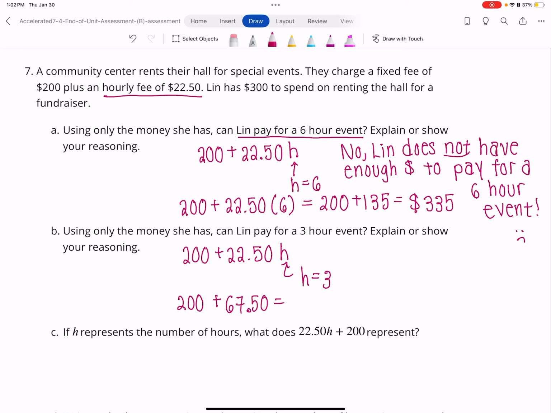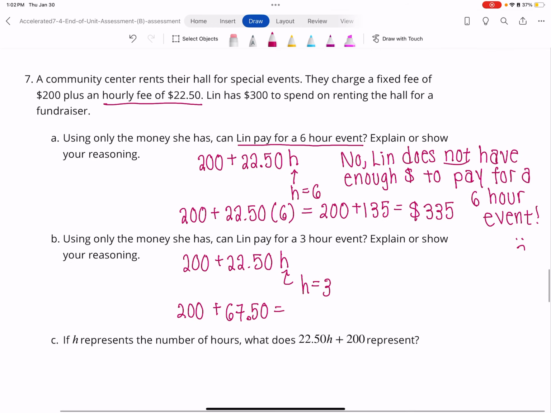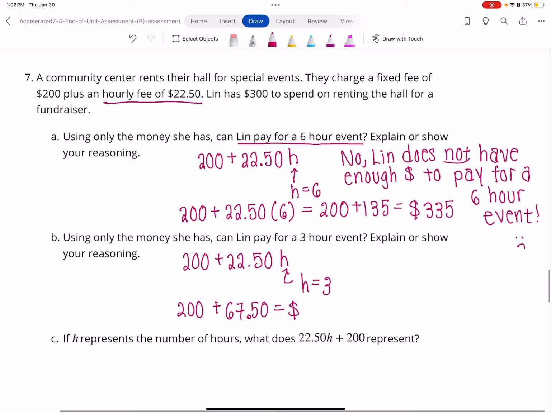And if we add that to our $200, we end up getting $267.50. And this is, in fact, less than $300 because Lynn has $300 to spend. So yes, she can pay for a 3-hour event.